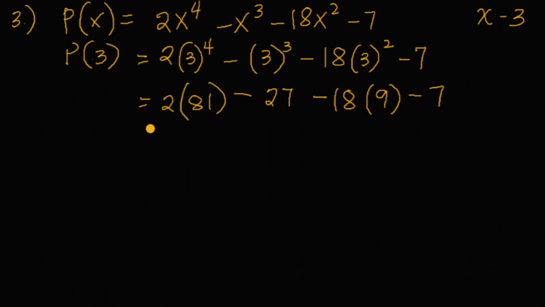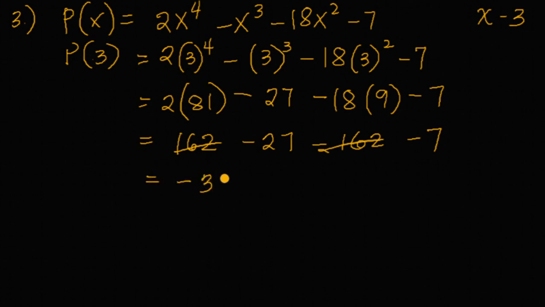Minus 7. Then 2 times 81, that's 162. Then minus 27. Now 18 times 9, that's also 162. Then minus 7. So 0 na to, diba? 0 na. So naiwan na lang is negative 27 and negative 7. Since like sign, we have to add. And that's negative 34. So p of 3 is negative 34.